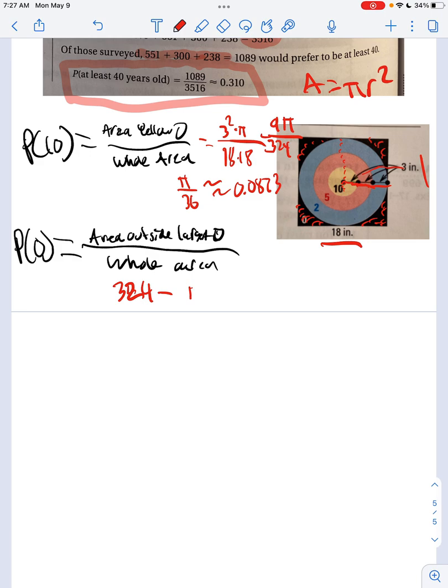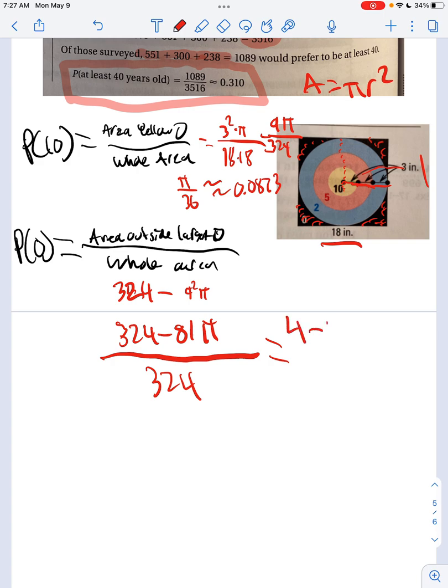So 9 squared pi is 81 pi, so 324 minus 81 pi. And my denominator really stays the same, 324. The whole area is 324. We can simplify, 324 and 81, and get 4 minus pi over 4, which I get about 0.215.